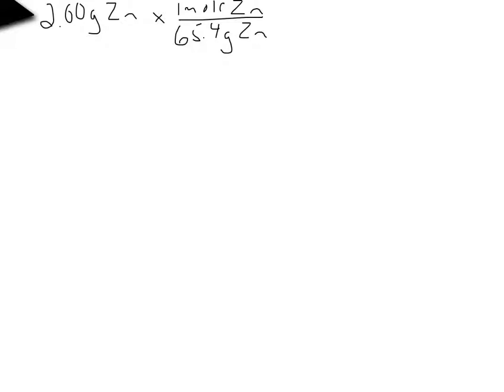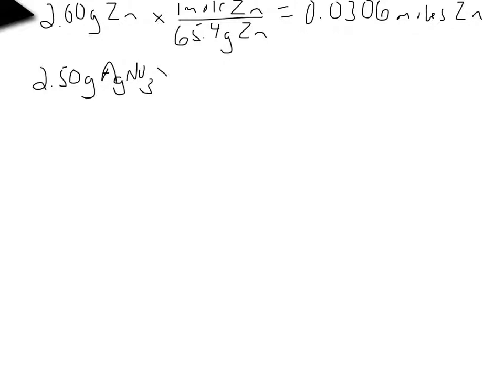So all we're doing is converting grams to moles to find out how many moles of zinc we're starting with, which is 0.0306 moles of zinc.